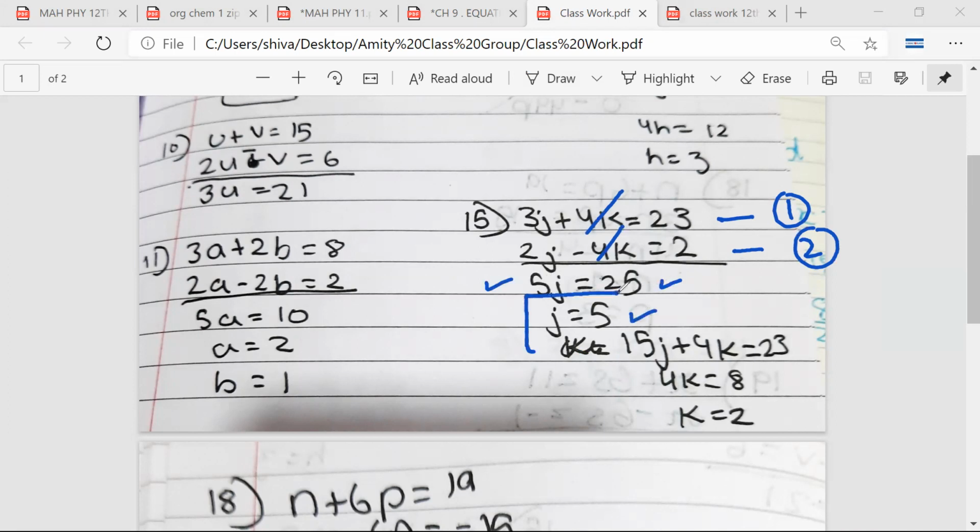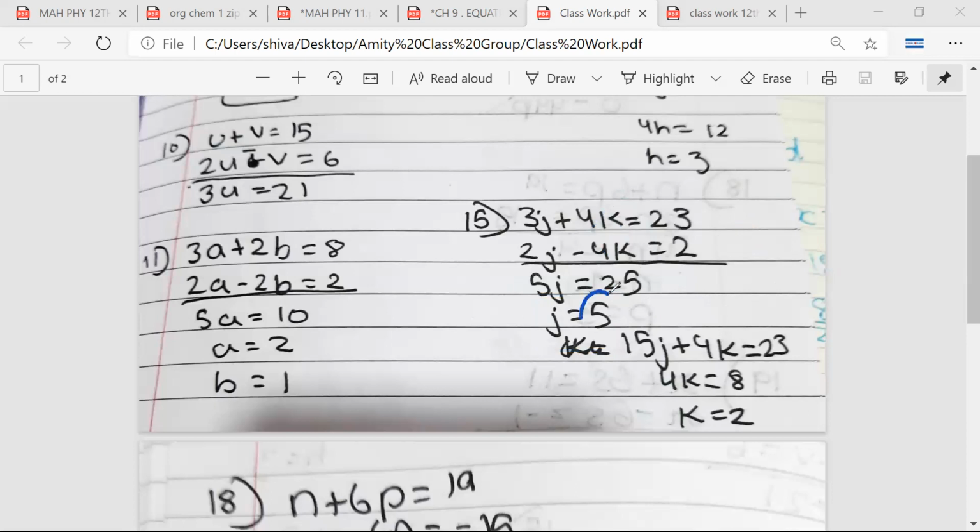So you have taken this value of j and you have put it in which equation, Sanvi? I do not understand your question. You have calculated this value of j is equal to 5. Yes, sir. Now you want to find the value of k. So you have put this value of j in equation 1 or in equation 2? Equation 1. Okay.